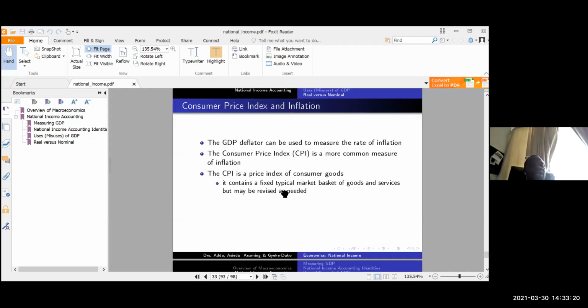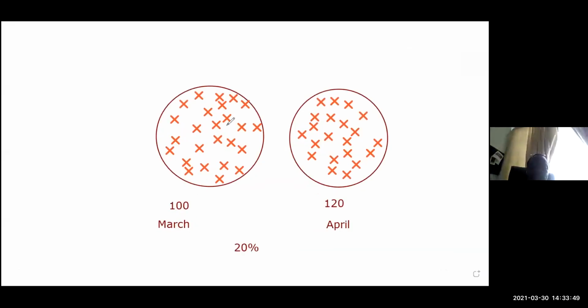It contains a fixed typical market basket of goods and services, but sometimes you can review it as the preferences of people in the economy change. Twenty years ago, you probably would not have added data, but now it is part of the goods. So the fixed typical market basket is the one that I showed you, the goods and services that we consume.